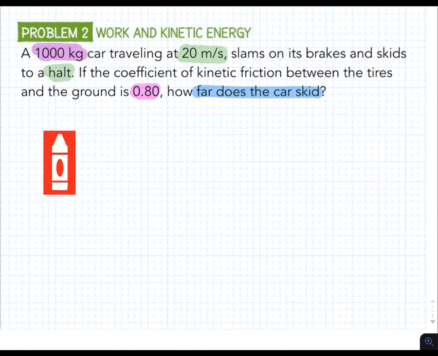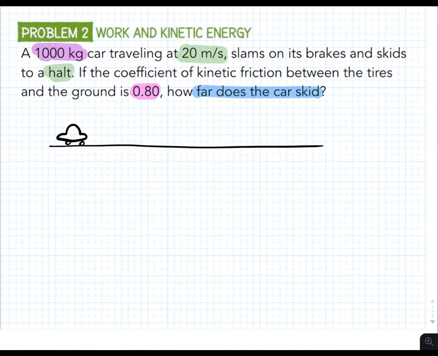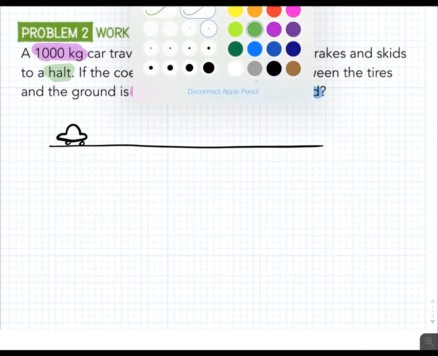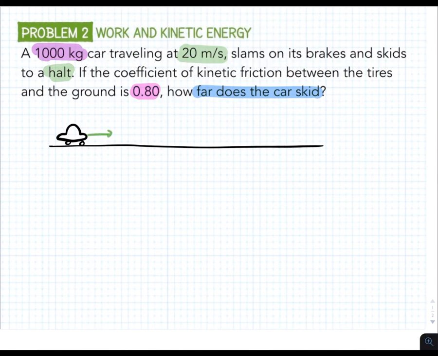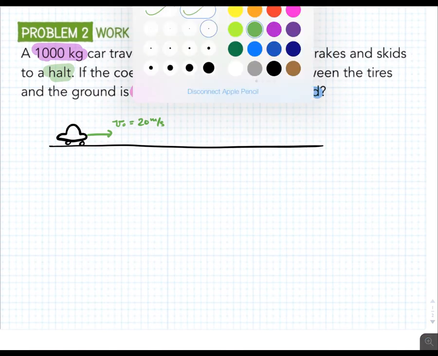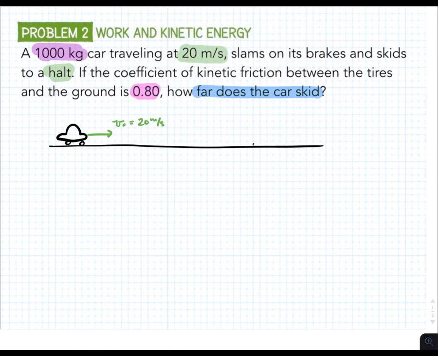So we have a car. Here's my car. It's moving with a V initial of 20 meters per second. Then the little car, over time, slams on its brakes. At this later time, V final, we know we're going 0 meters per second.